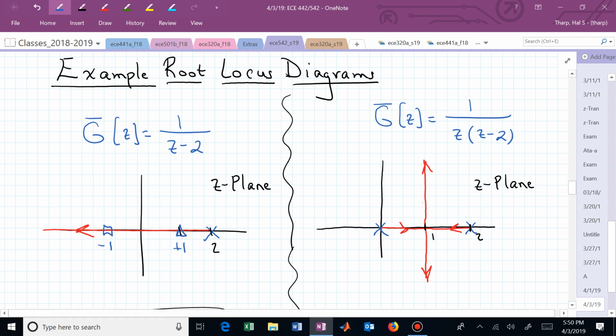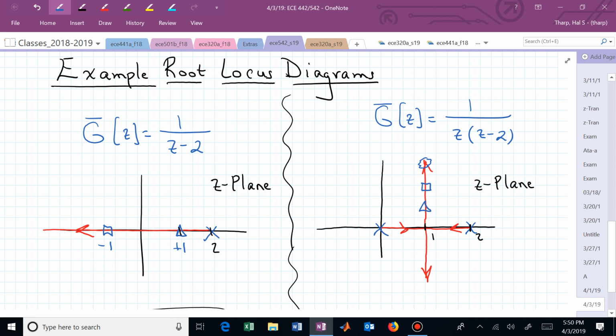Whether it's supposed to be a triangle, or this square, or this cloud, I hope you can see that those angles to get you to the triangle, the square, or the cloud are related in that the angle from the pole at 2 is shy of 180 by the same amount as the angle at the pole at the origin to get you to that triangle, square, or cloud.